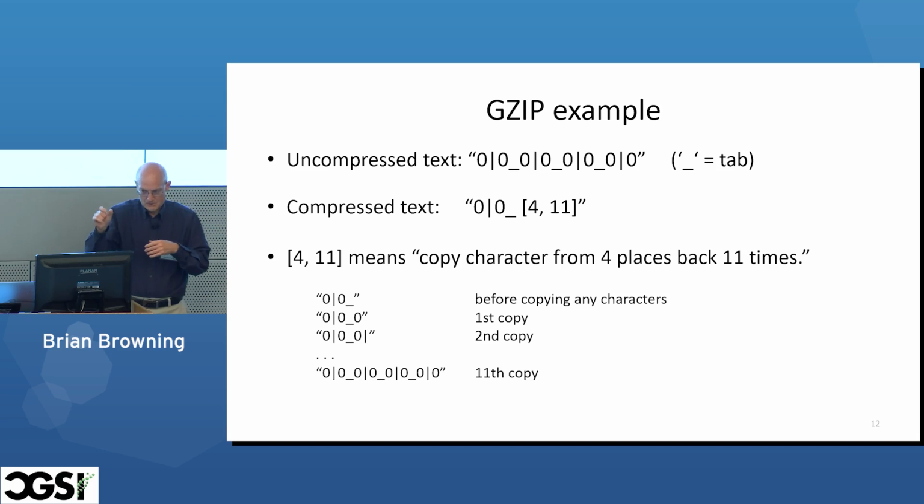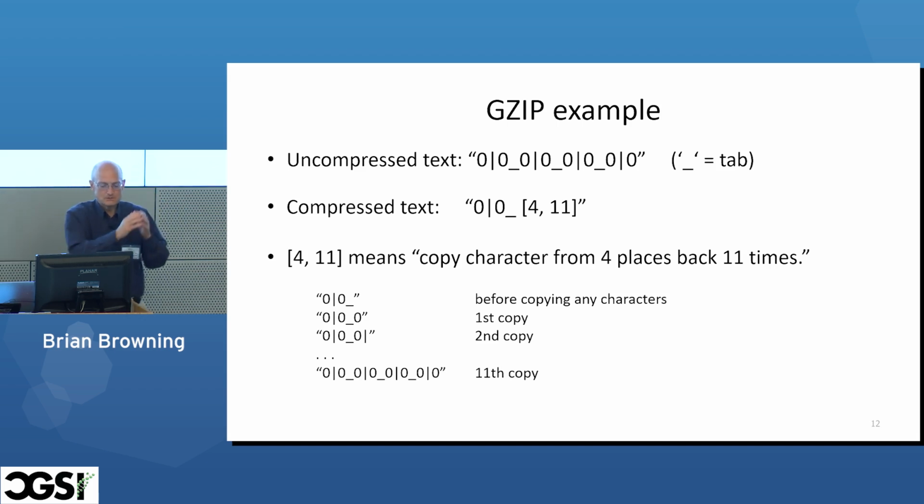And the underscore just represents the tab, which is the delimiter used in VCF files. So this string of homozygous reference genotypes compresses to something like what I've shown here on the second bullet point. You get 0, vertical pipe, 0, tab, and then a code. That code consists of two numbers, and it tells you to copy the character from 4 places back, and copy it 11 times. So I've given an example of how that works.